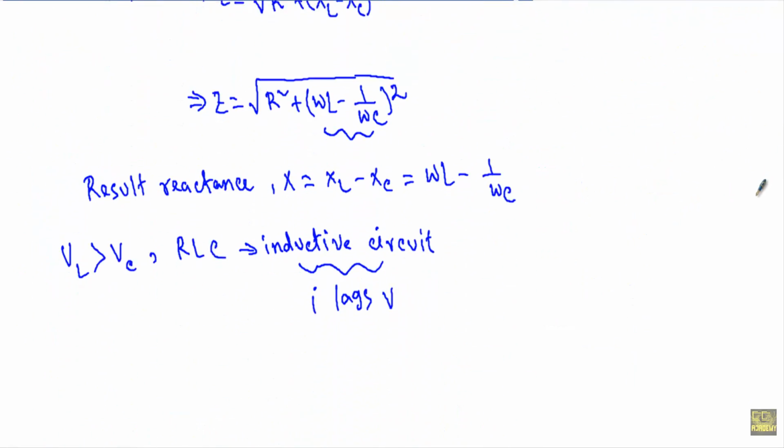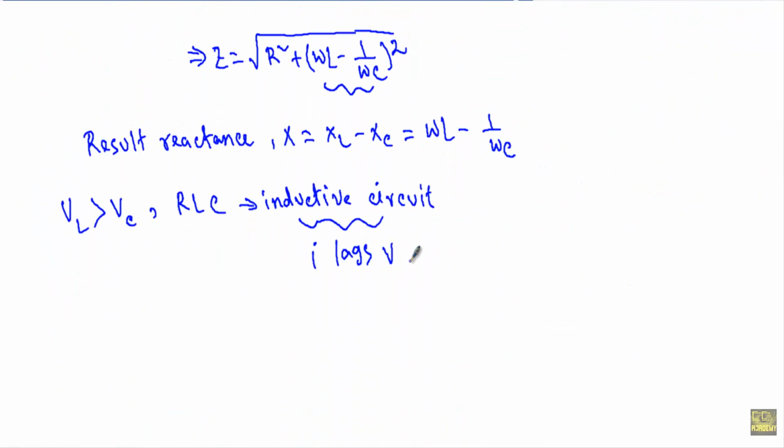So I can write down I lags V by an angle phi. The value of phi will be less than 90 degree but greater than 0 degree.